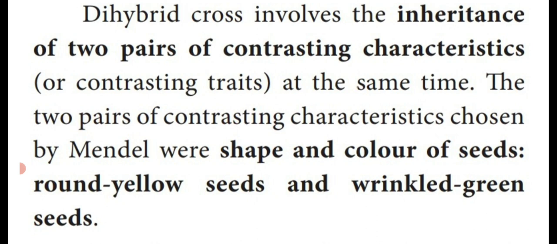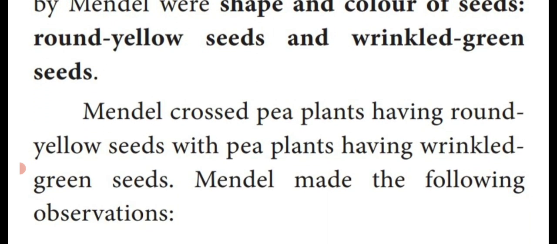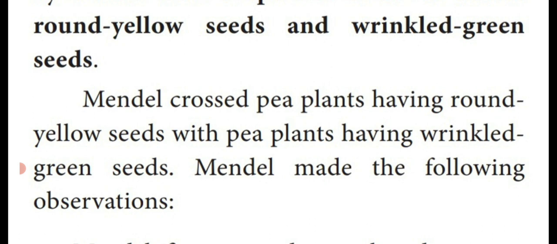Another one, wrinkled, that means wavy nature, not round in shape, with a green color, is known as the recessive parent. So these two parents are crossed and we get the different gametes in the F1 and F2 generations.